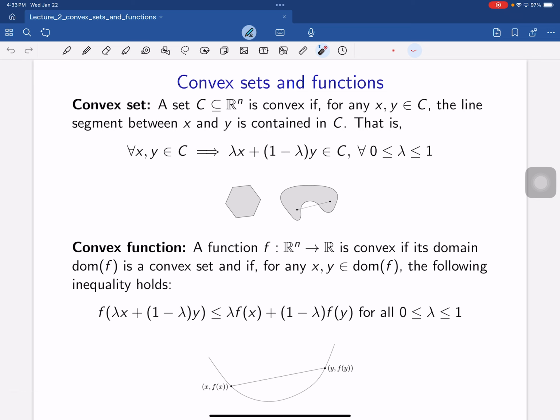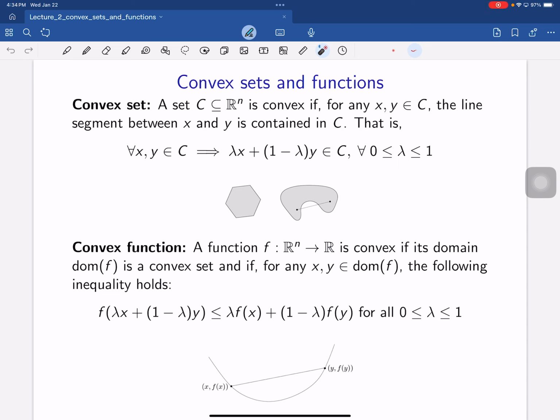And then what are convex sets and functions? Here is a slide to summarize the definition of a convex set and convex functions. We say a set C is convex if you take two arbitrary points x and y, both in R^n, and draw a line segment between them.